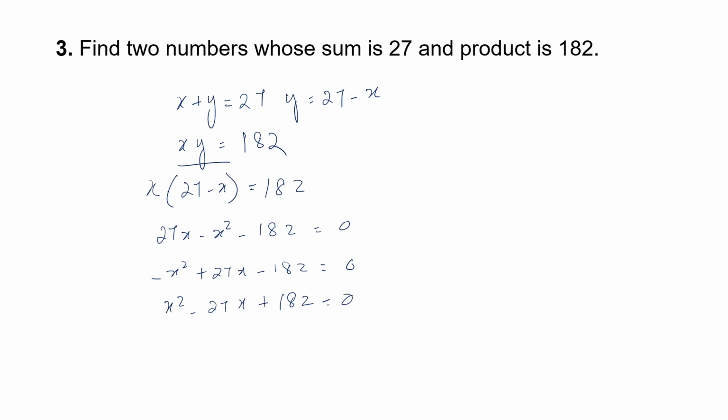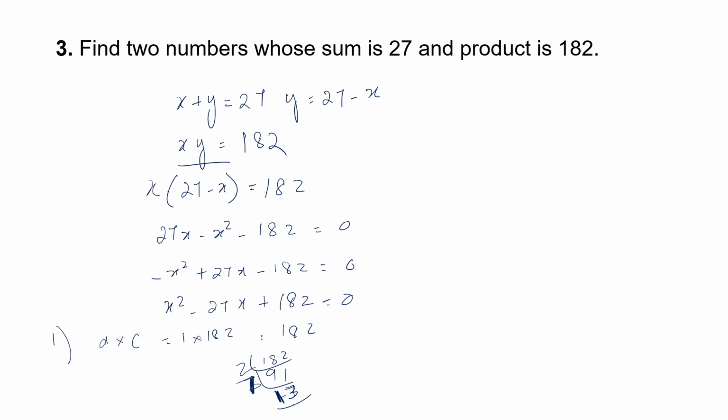Okay, so now we will go with our steps. First point is a into c, 1 into 182, 182, right? Now factorize 182. It should be 2, 7, 13.